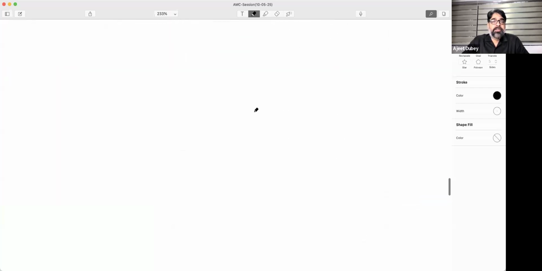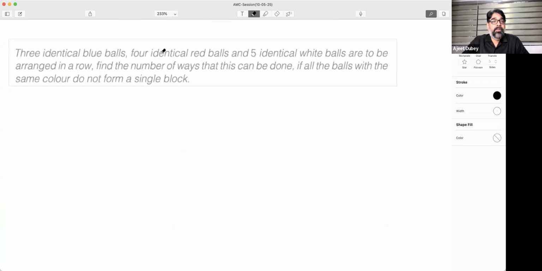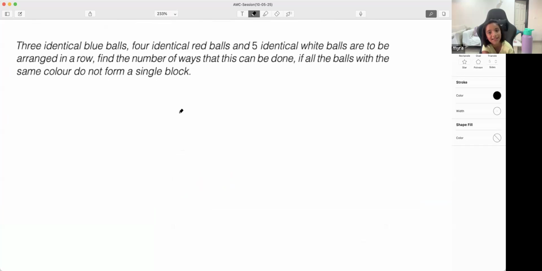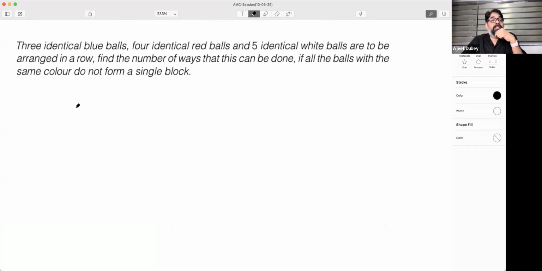Now, using this logic, try to solve this question which I just gave you. What does it mean by a single block? If all the balls with the same color do not form a single block.